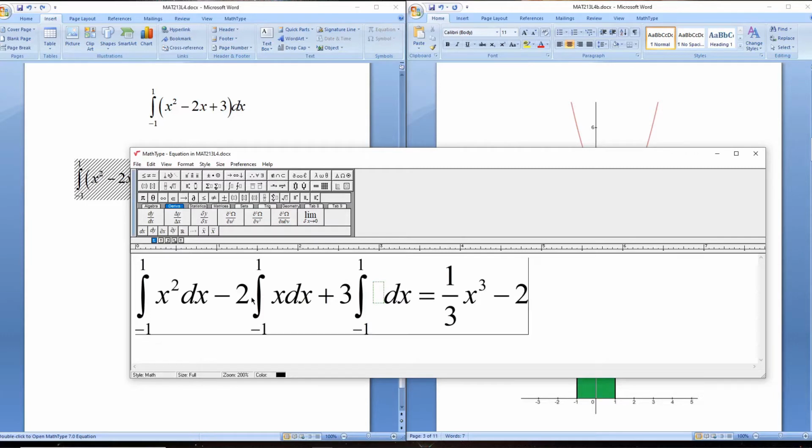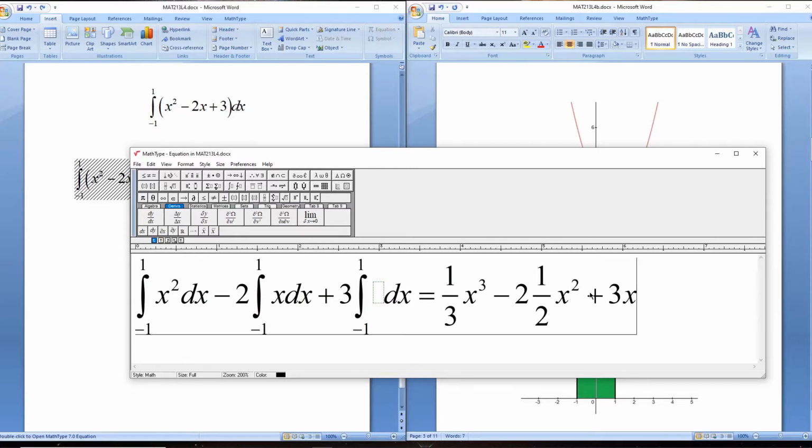And we've got our minus 2, the integral of x. We're going to add 1 to the exponent, so the 1 goes to 2, so that becomes x squared, and of course we're always dividing by that new exponent. Then the third integral, we're just integrating 1. So we're going to have 3, and the antiderivative there is x.